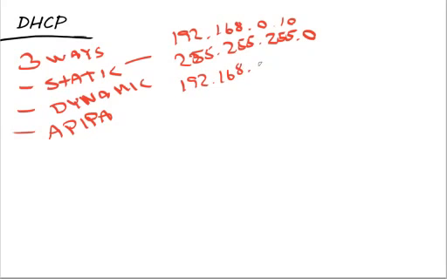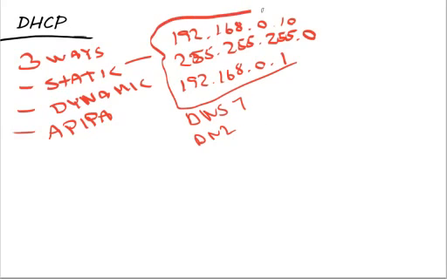Mine could be this. And you would have to supply it with some DNS servers, like DNS1, DNS2, if you want to be able to go anywhere or have address translation. But this is basically it.